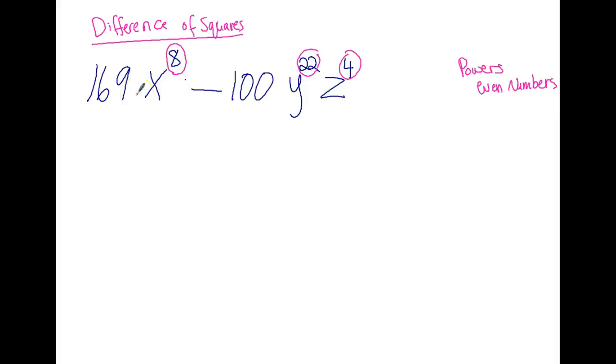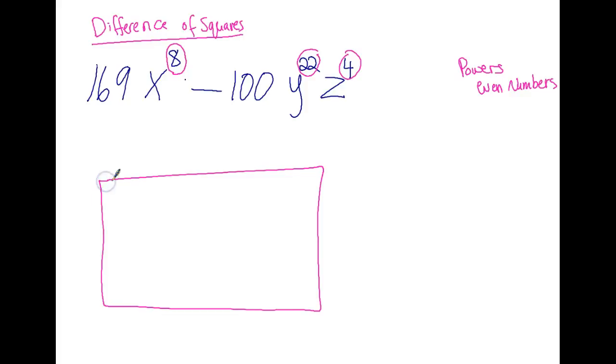Since I'm doing difference of squares, I'm still going to have a box, but this time I only need a 2 by 2. One will be a minus, one will be a plus.